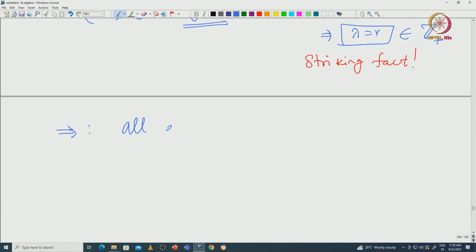So, all eigenvalues of V, okay, with respect to, maybe let me write it as H eigenvalues. All H eigenvalues of V are integers.